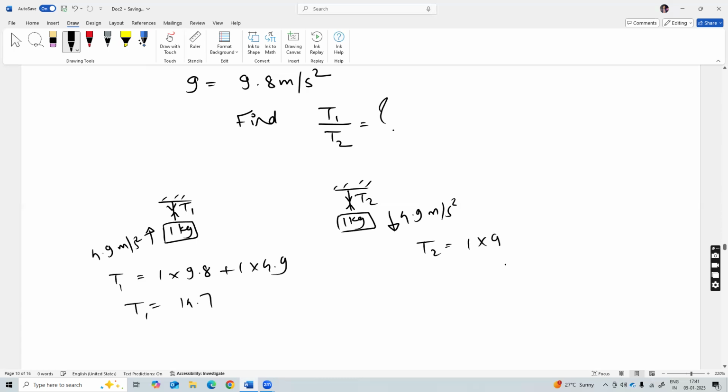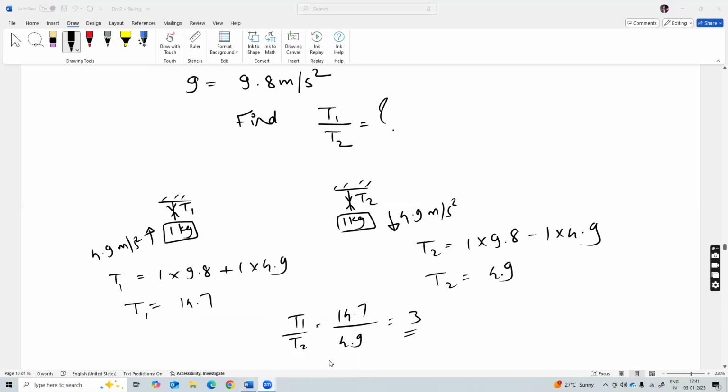So 1 into 9.8 minus 1 into 4.9. So T2 is 4.9. So T1 by T2 is 14.7 by 4.9, and it is equal to 3. Correct. Okay, 3 is the correct answer.